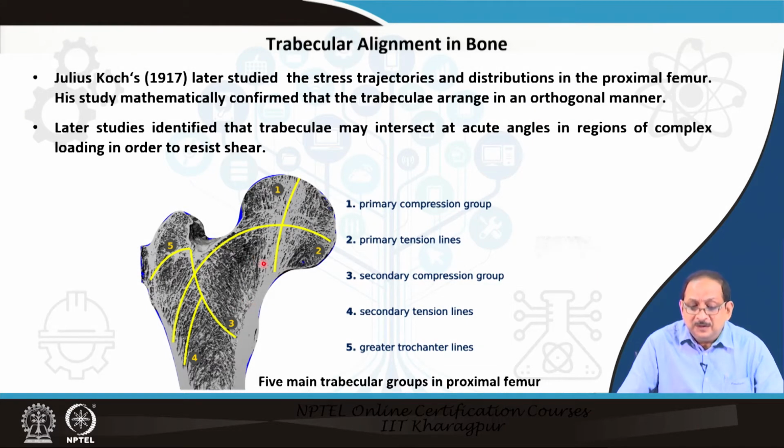As indicated, 1, 2, 3, 4 and 5 are the primary compression group, primary tension lines, secondary compression group, secondary tension line, and the number 5 is the greater trochanter line. So, these are the trabecular groups that mostly intersect in an orthogonal manner, but there are regions where they intersect at an acute angle as well.